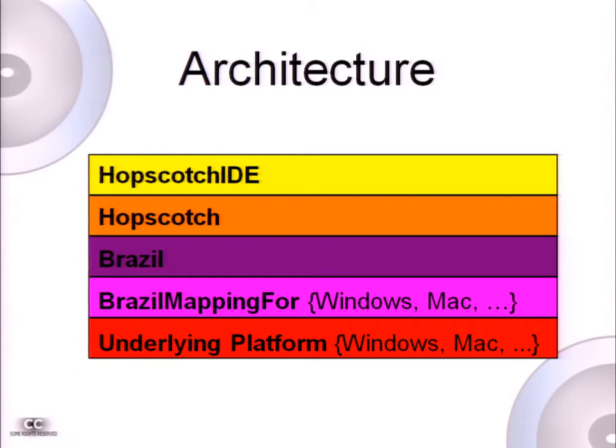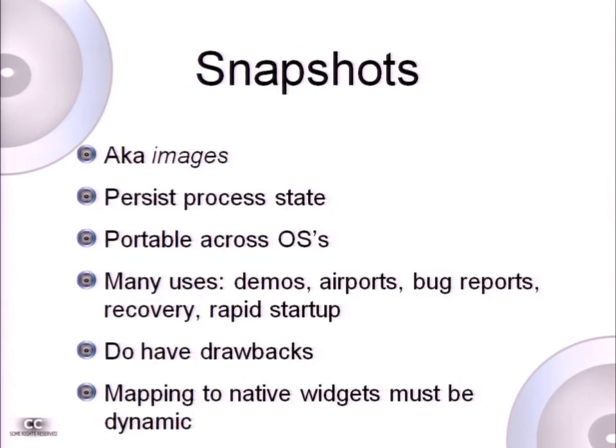And what connects Brazil to reality, to the underlying platform, is a mapping layer. And what you just saw is that the mapping layer binds dynamically. So we can switch and make something bind to Squeak's old-fashioned windows or to Windows, and potentially to windows on other operating systems. And there's a reason why it has to be this way.